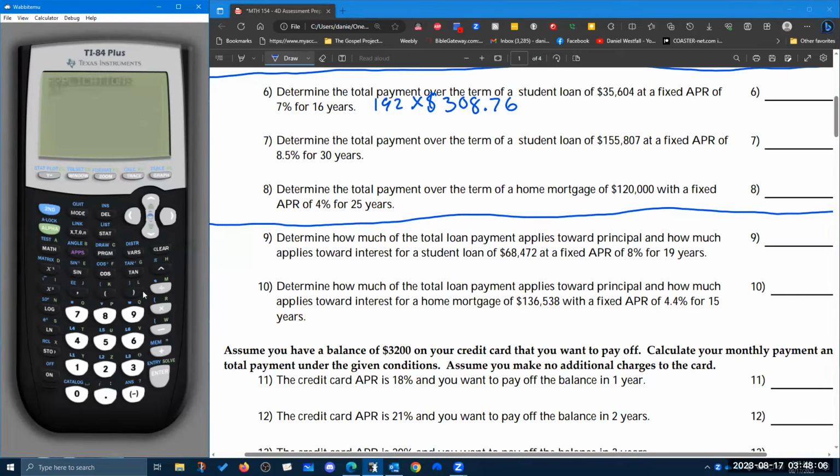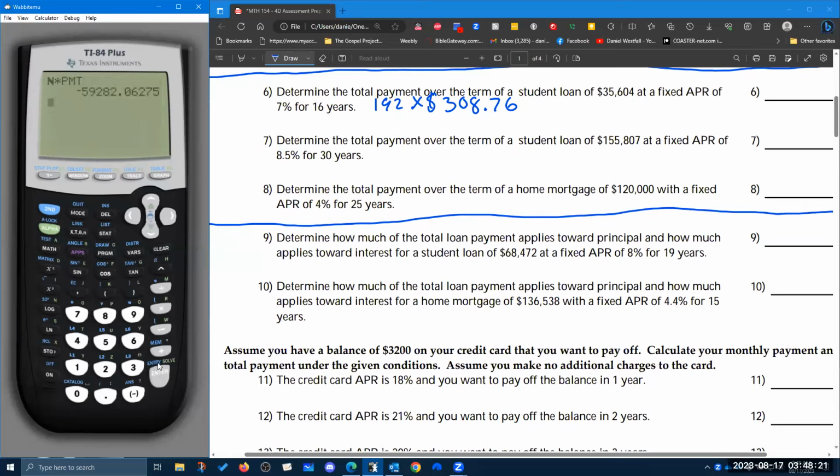If I come in here, I'm just going to say that I want my variables and I want N times PMT.